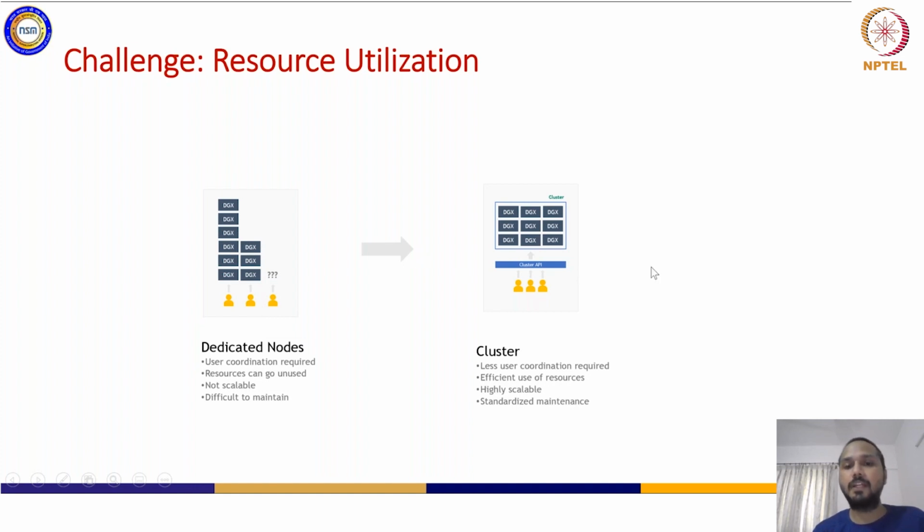While in a cluster environment where you have this particular software stack installed, which I'm going to talk about shortly, there's lesser user coordination required. You can use the resources much more efficiently. A particular user can ask, I need only this many cores, this much memory, and only one GPU, so only give me this much.